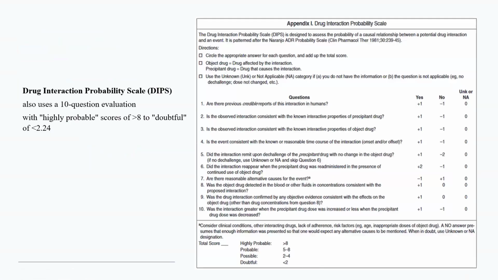And again, we have another important score for drug interactions, which is the drug interaction probability score, again a checklist of 10 questions, which will let us know how probable the drug interaction is.